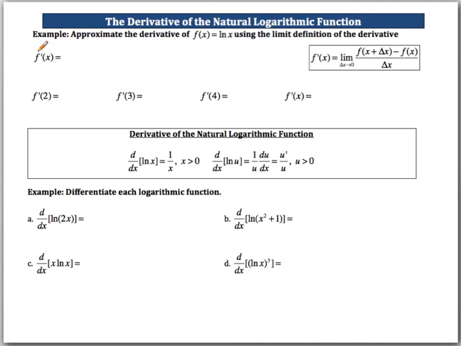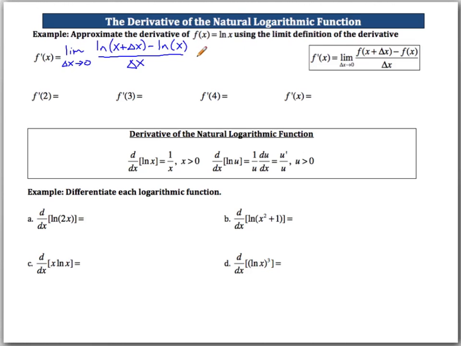So the limit definition of the derivative, for review, is the limit as delta x approaches 0 of our function, so natural log of x plus delta x minus the natural log of x, so those are the change in your y values, over delta x, which is your change in your x values.